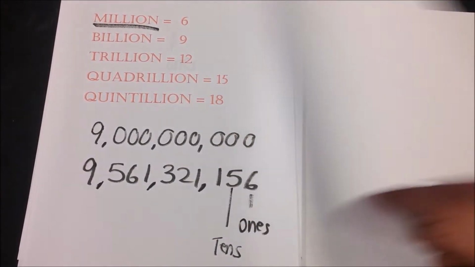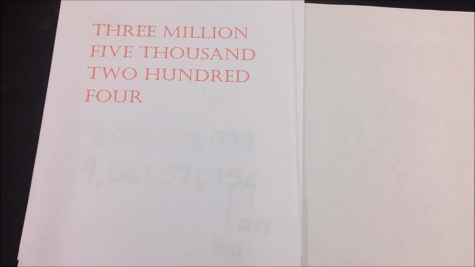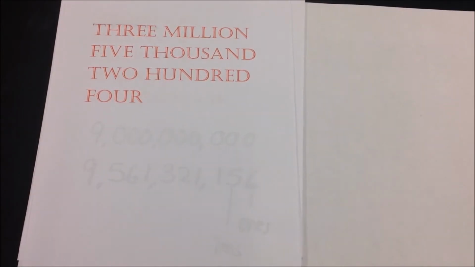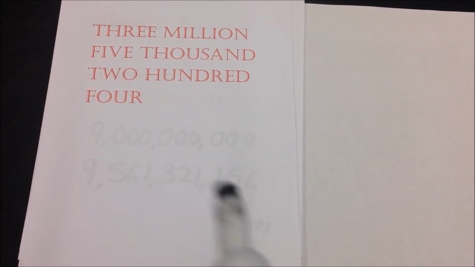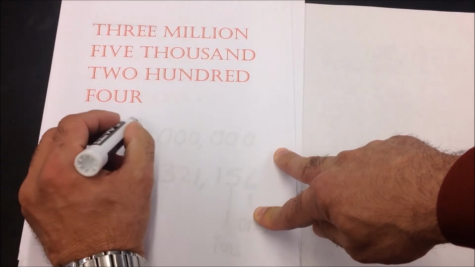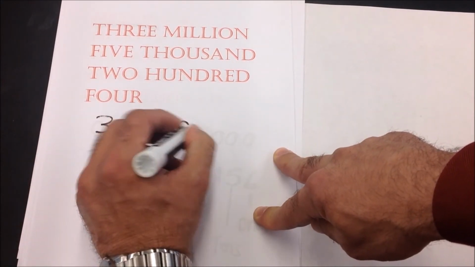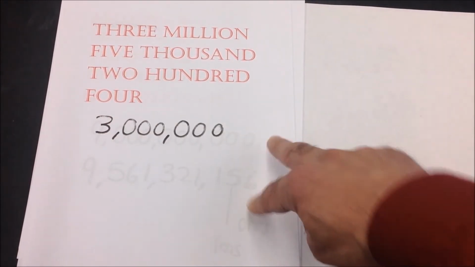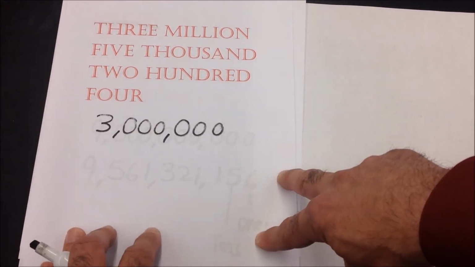So here's a number in word form: 3,005,204. How would you write that in standard form? You should pause the tape and try. Okay, so 3 million. If you want, you can just write out the million first and fill it in. So that's 3 million. Now I need 5,000.